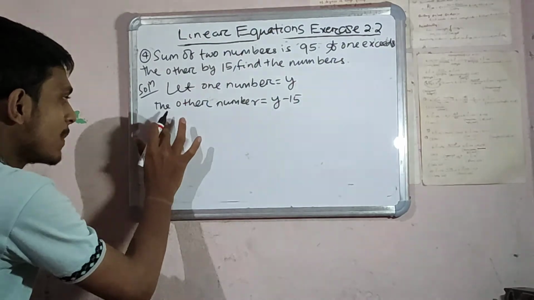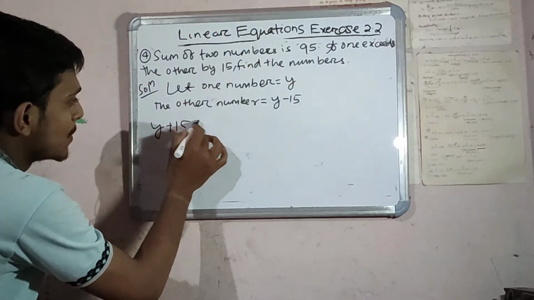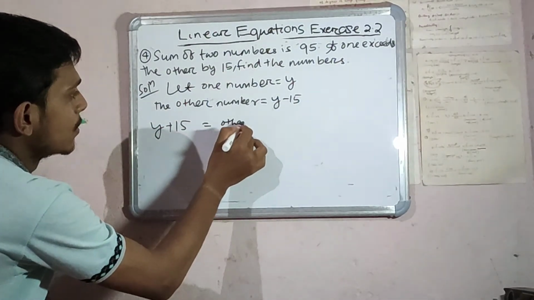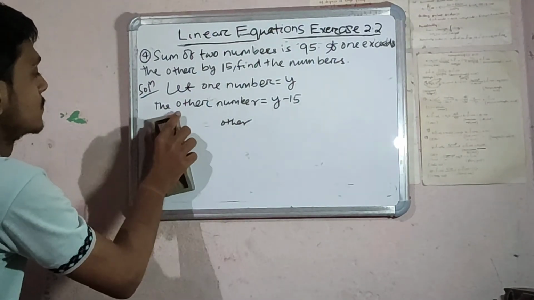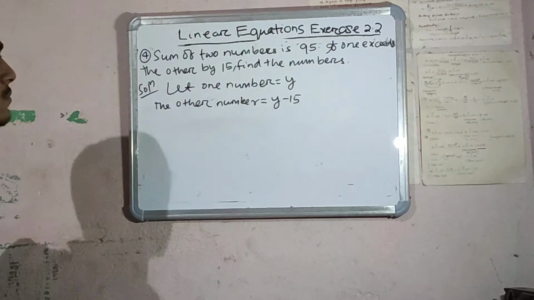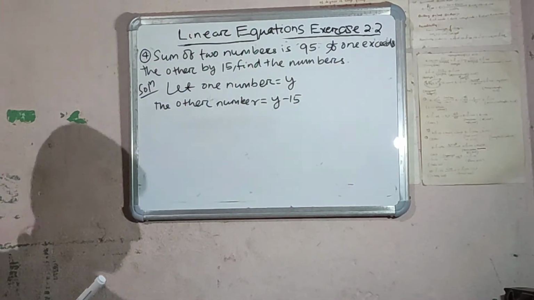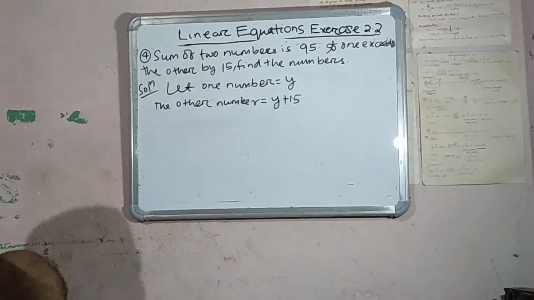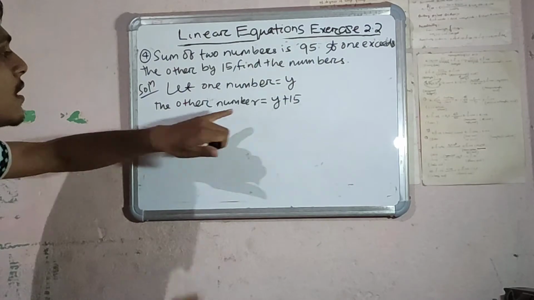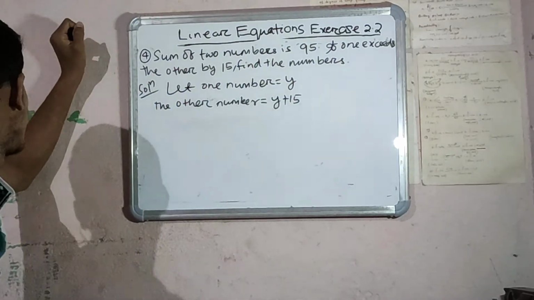One exceeds the other by 15, that's y plus 15 equal to the other number. So the other number is equal to y plus 15.